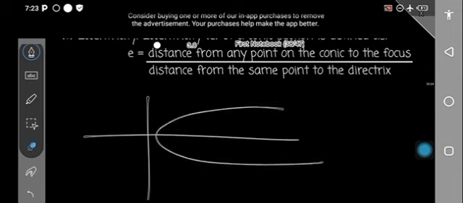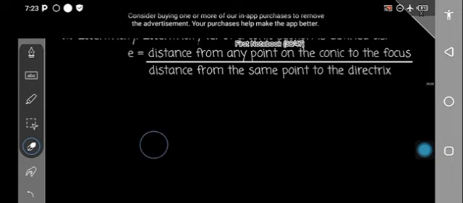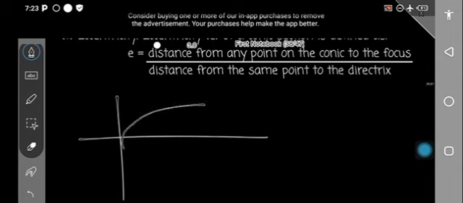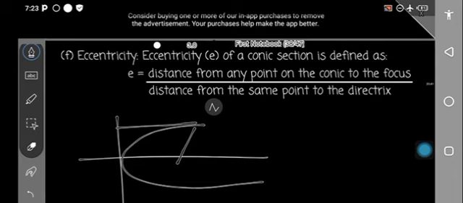I want to sketch this. So we have something like this from the diagram. We have a point here, then to the point of the focus. So we have a point M here, a point P here, and this focus.